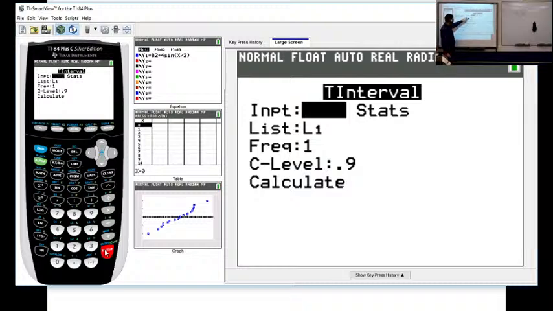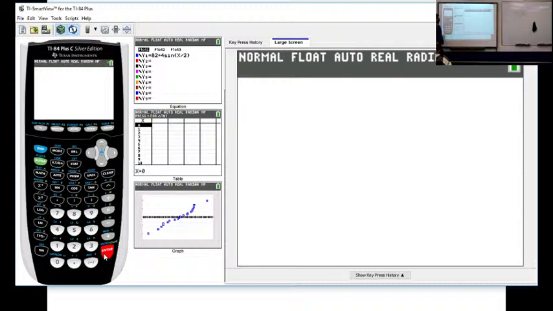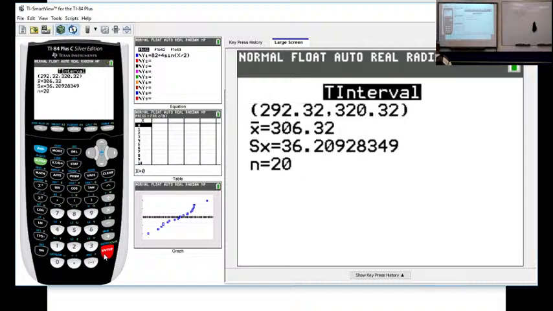And all you need to tell it is, what list did you put all the data in? I put it in list 1. Confidence level, we're using a 90% confidence interval, so 0.9. Calculate.